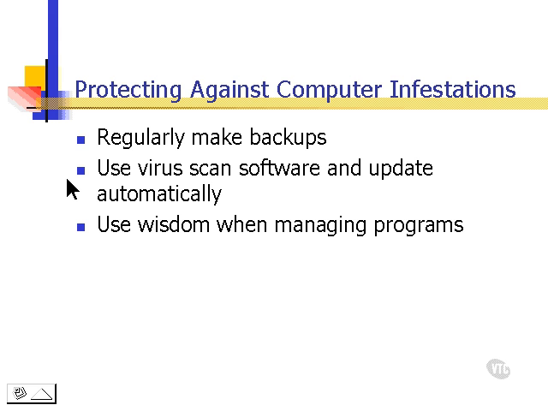And make sure that you enable the update automatically and keep it connected to the internet so that at least on a weekly basis the software can go out and update the virus definitions. In a week's time, many more viruses will be created. So it's very important that the software be able to keep up with all of the viruses that are being created. And then use some wisdom when managing programs. Use some wisdom when trading software.